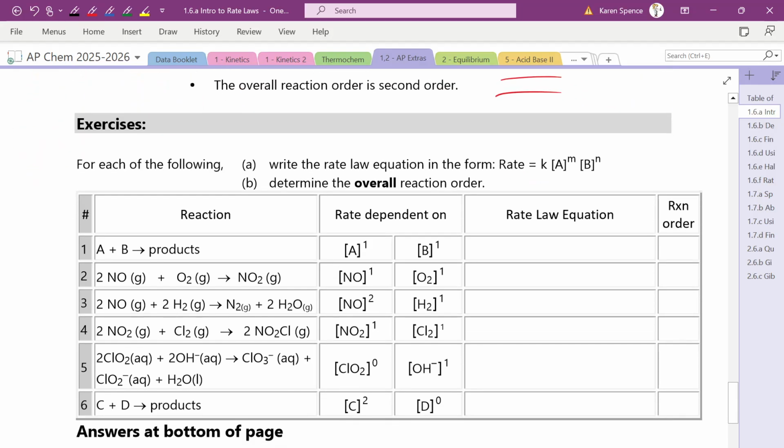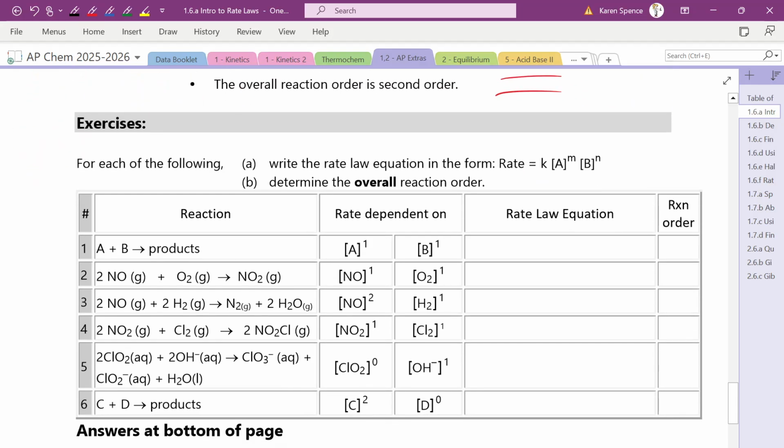All right, so there's a few little exercises here which you are going to do right now. You are going to write the rate law equation and the overall reaction order. Give those a try.